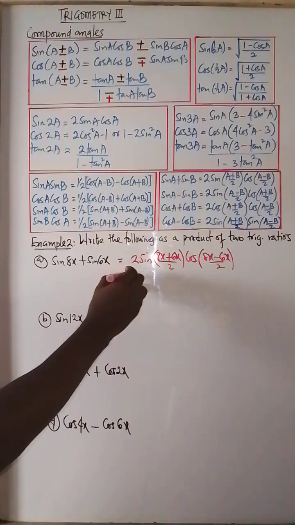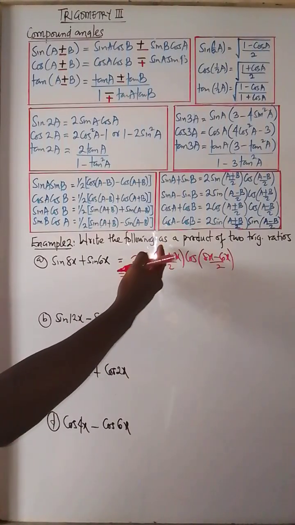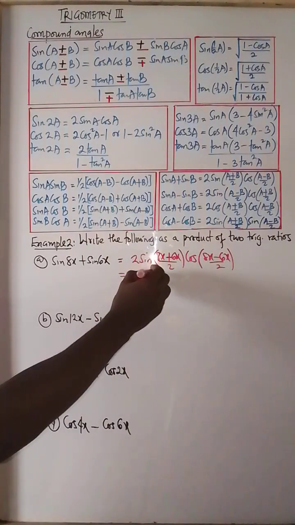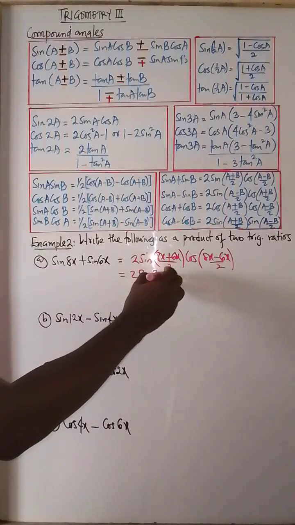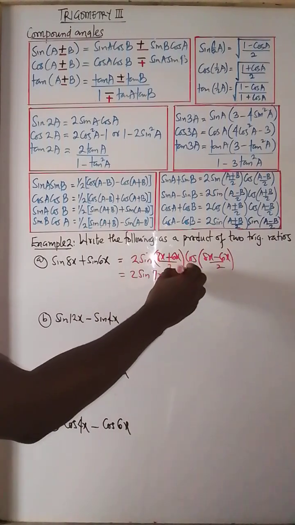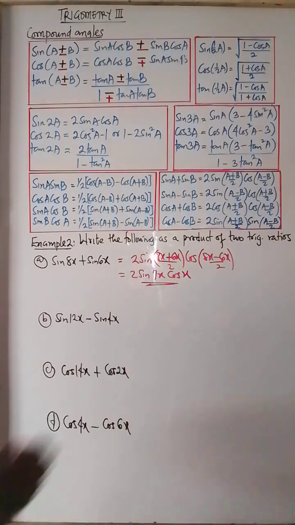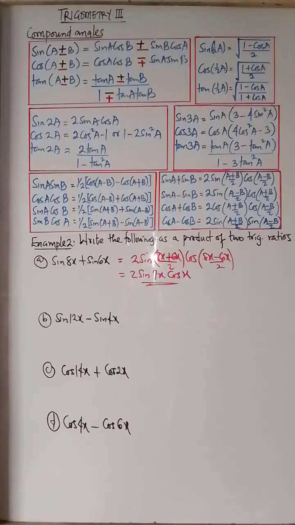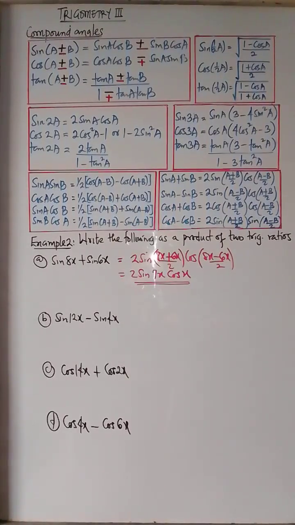As simple as that, if you can recall the formula. So 8 plus 6 is 14 over 2, that is 7x. Cos 8 minus 6 is 2x over 2, that is x. So the answer is what? 2 sine 7x cos x. It looks simple if you can recall the formula.